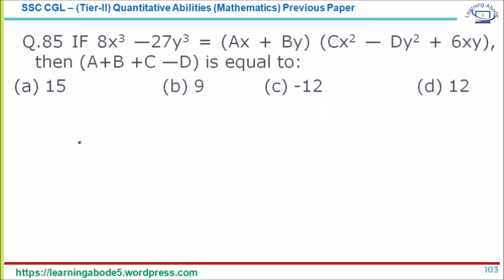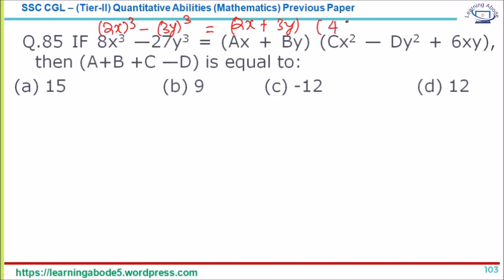Now question number 85. See, this can be written as 2x cube and this can be written as 3y power 3, right? Now this is equal to, we can write it in the form 2x plus 3y into, I'm just writing a cube minus b cube.